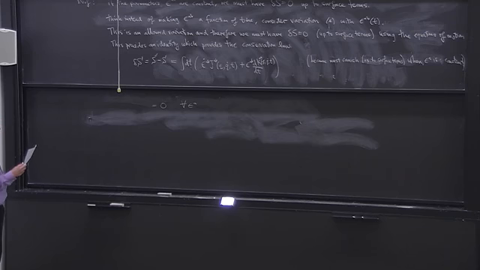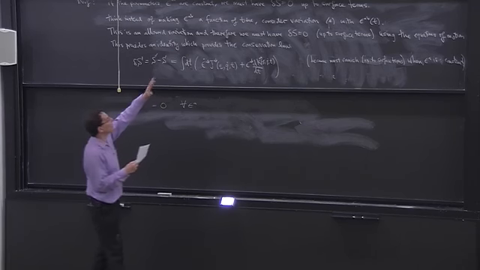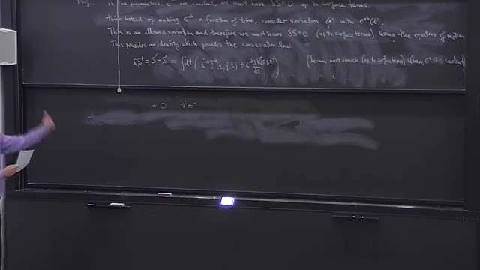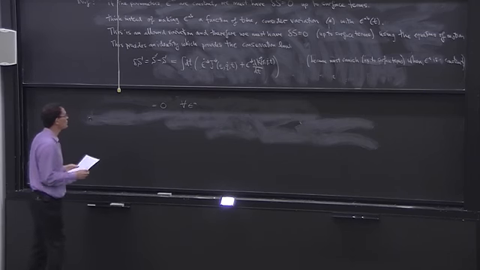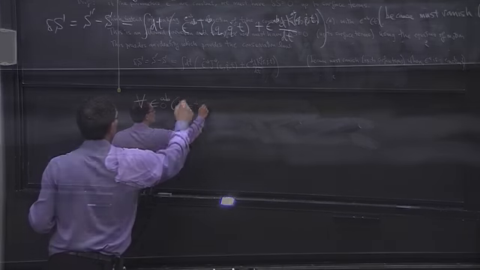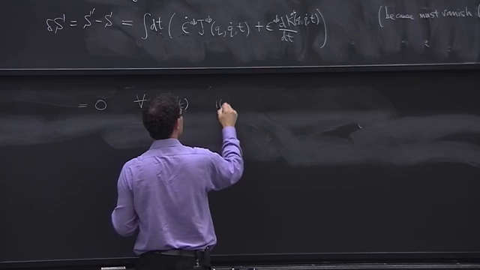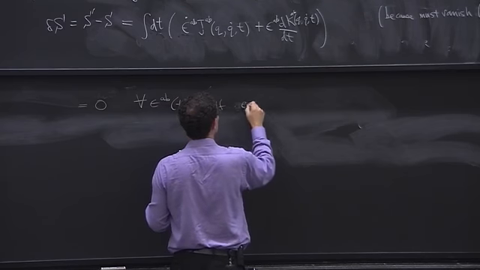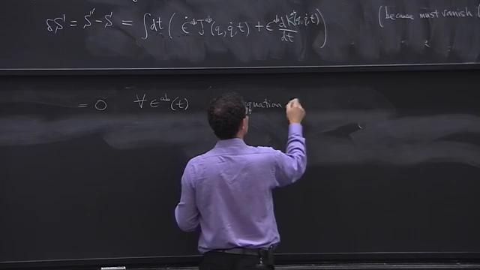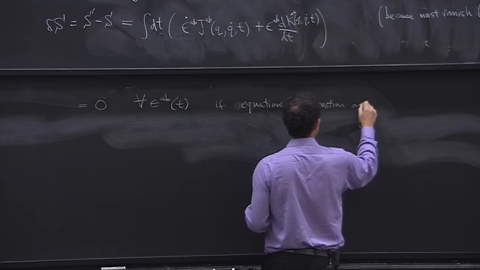Okay, in practice, the cases we're going to consider, that epsilon matrix will be diagonal, and there'll just be parameters on the diagonal. But this is the general case. So this must be 0 for all epsilon A of t if the equations of motion are satisfied.